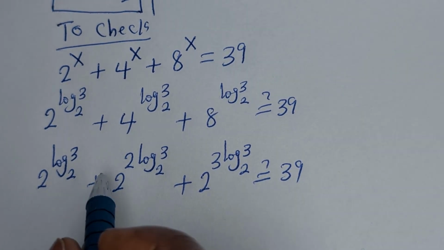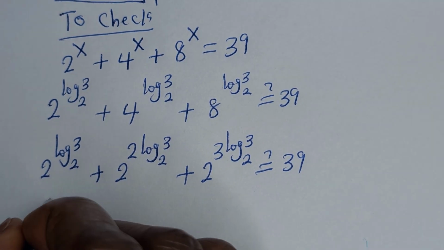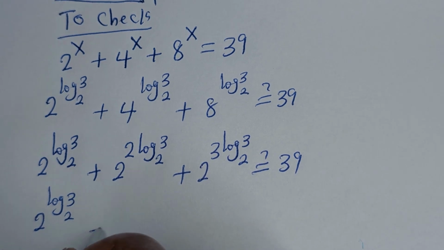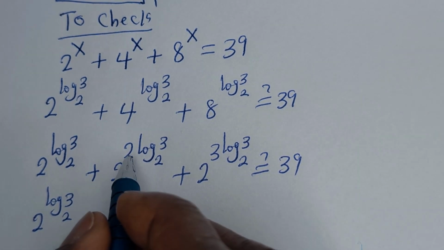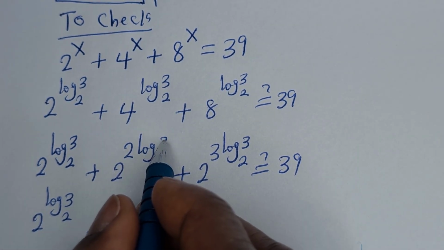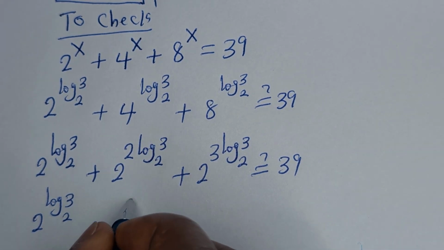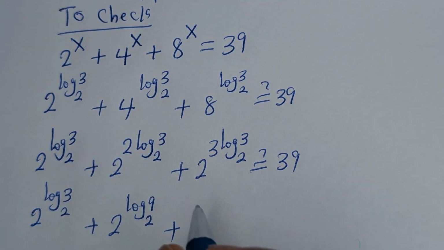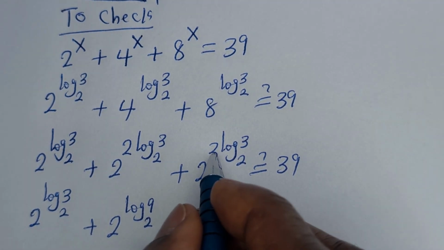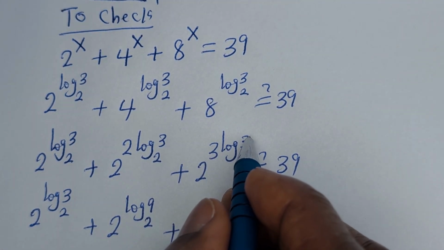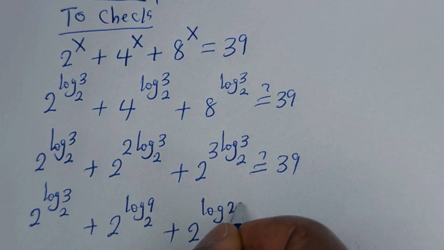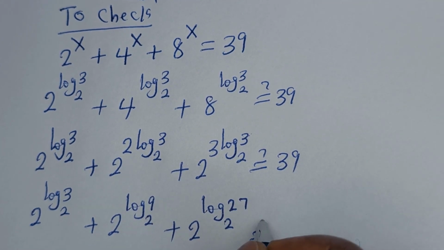Then according to the law of logarithm, this is 2^(log 3 base 2) plus 2^(log 3² base 2), and 3² is 9, plus 2^(log 3³ base 2), and 3³ is 27. We have log 27 base 2 must be equal to 39.